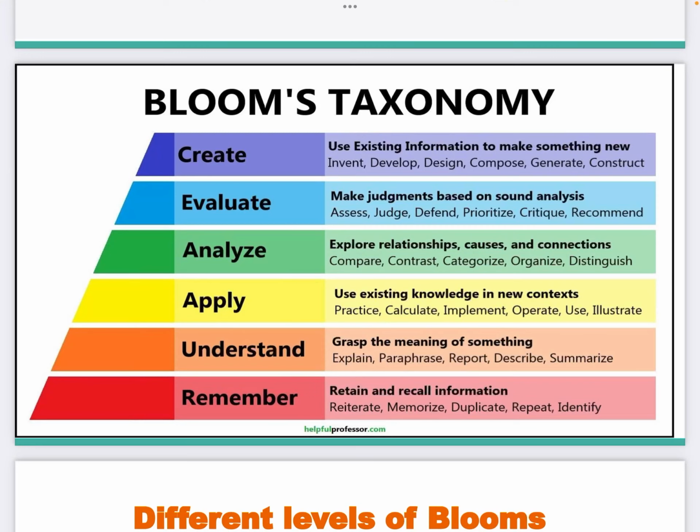After understanding the concept, the third level is apply. Whatever information is collected and understood now has to be applied in real life situations, such as photosynthesis.